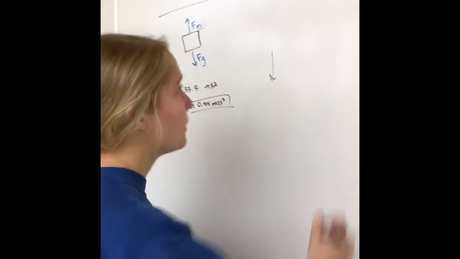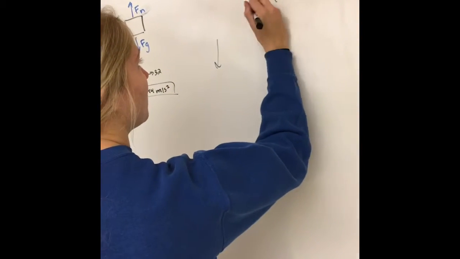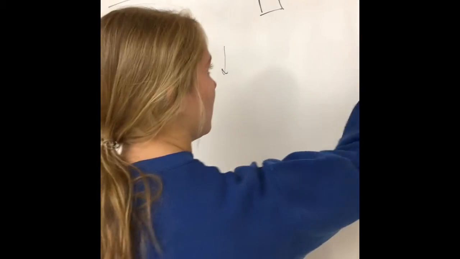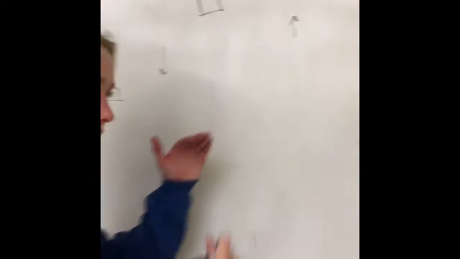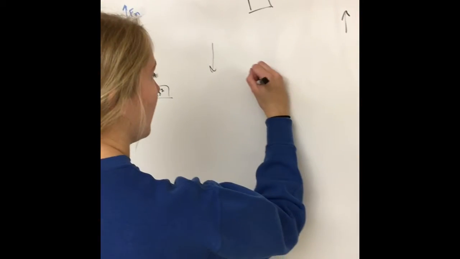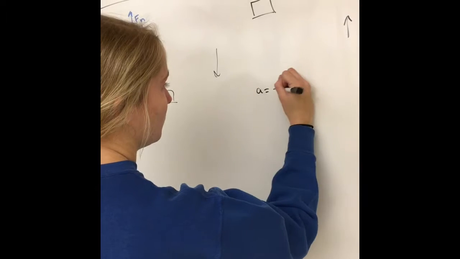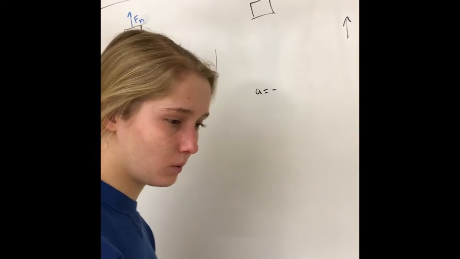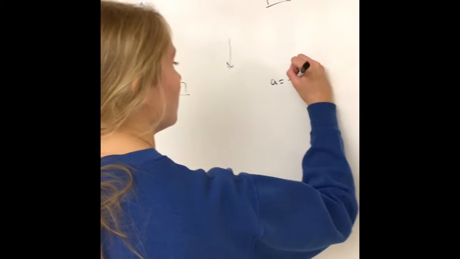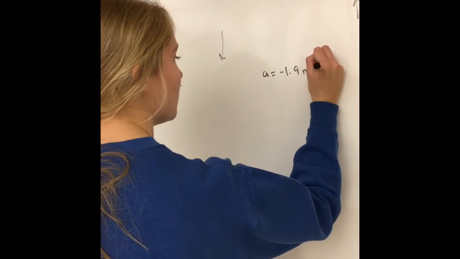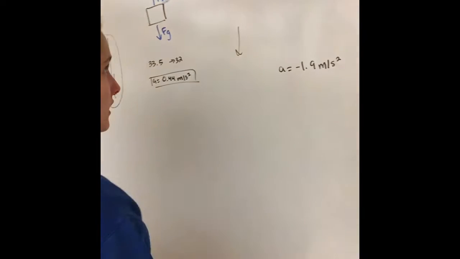So for 2, we had to do the most work because we were working against gravity, because we were going technically up, and that's why we had an acceleration of negative 1 point something meters per second squared.